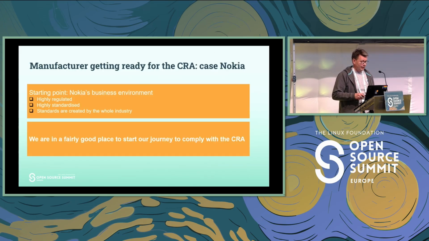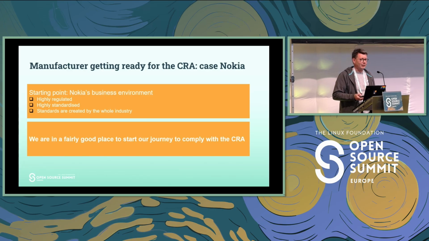Okay, now I'm getting into the last bit, and this is only 2 slides, so it's not going to take too long. I'm using Nokia as an example of how a manufacturer is getting prepared for the CRA. And I think for us it is probably easier to get ready for the CRA, because our business, our environment where we work, is highly regulated.